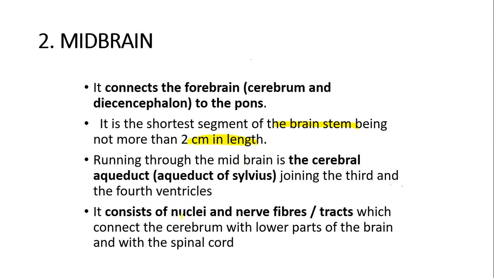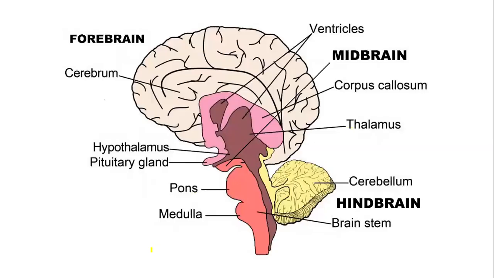It consists of nuclei and nerve fibers, which connect the cerebrum with the lower parts of the brain and with the spinal cord. So here, as you can see, we have the midbrain here. That one is the midbrain.